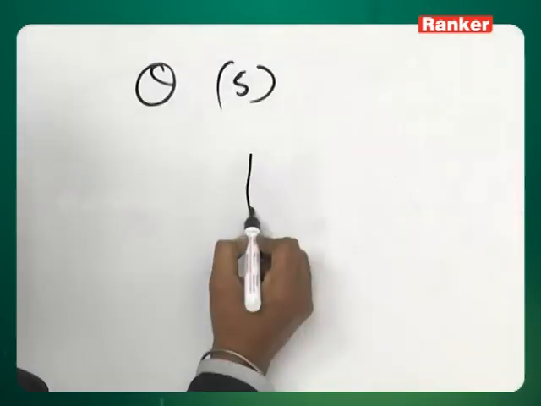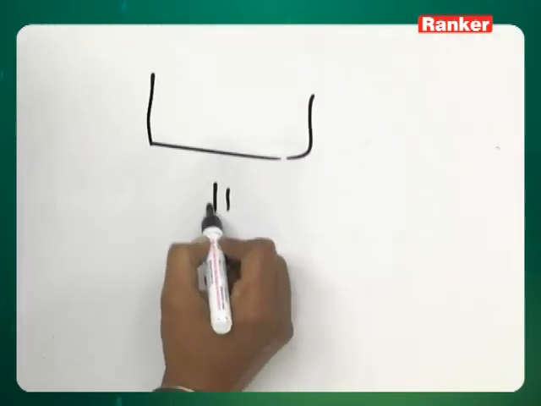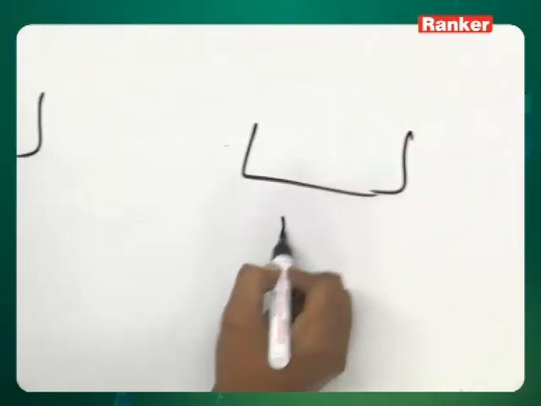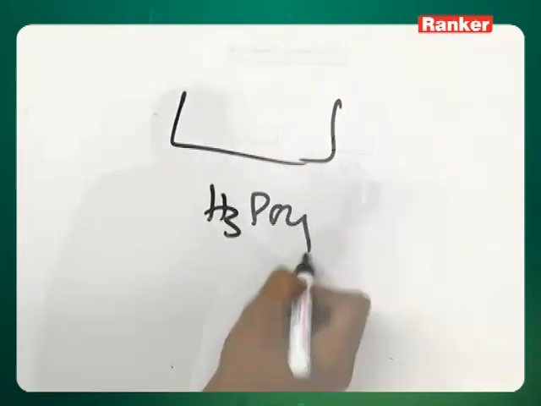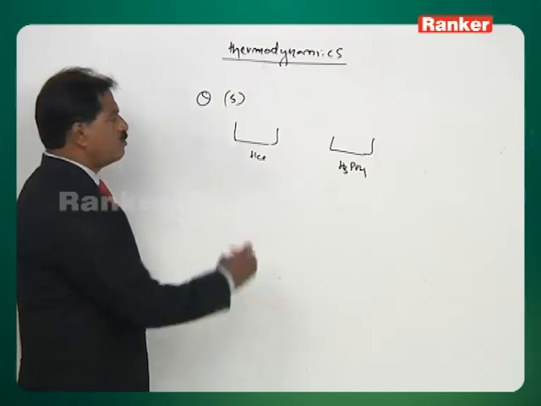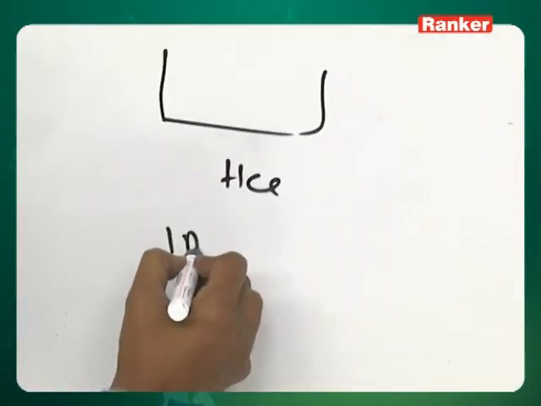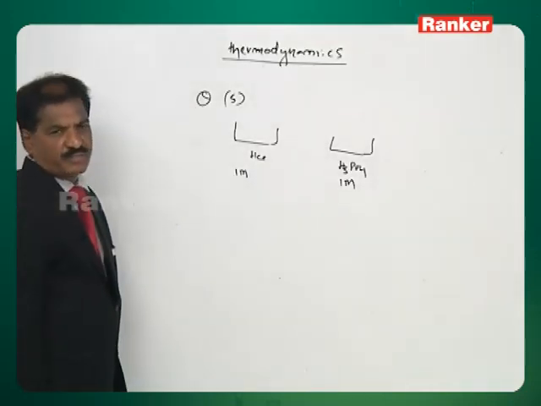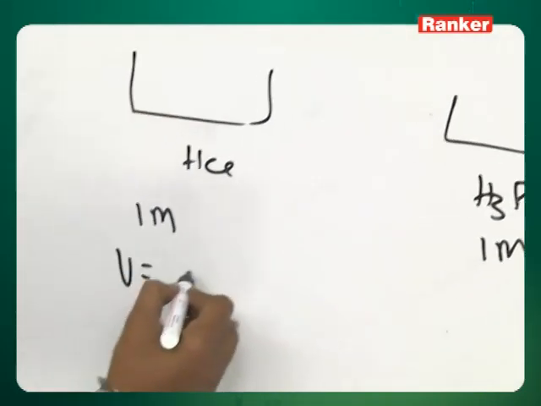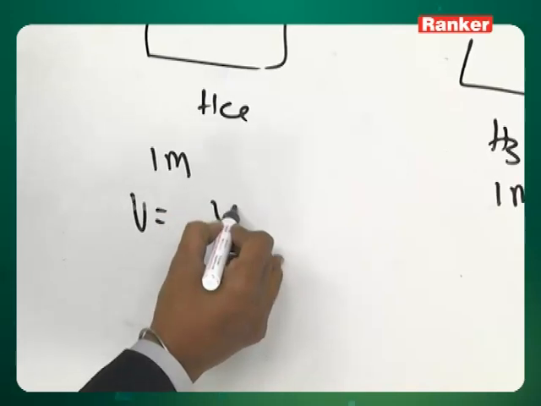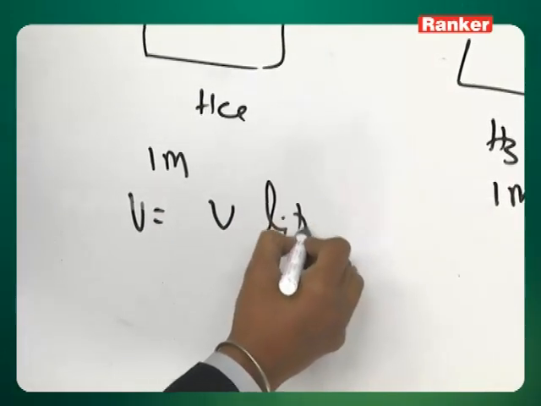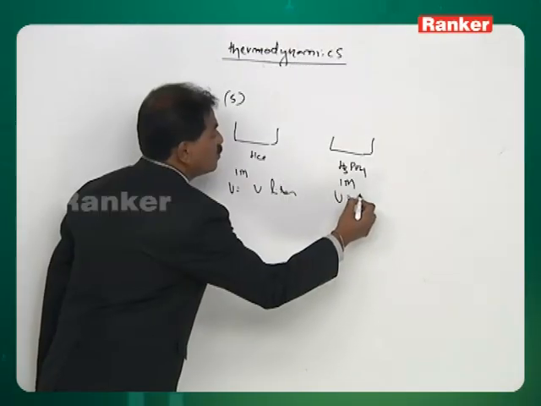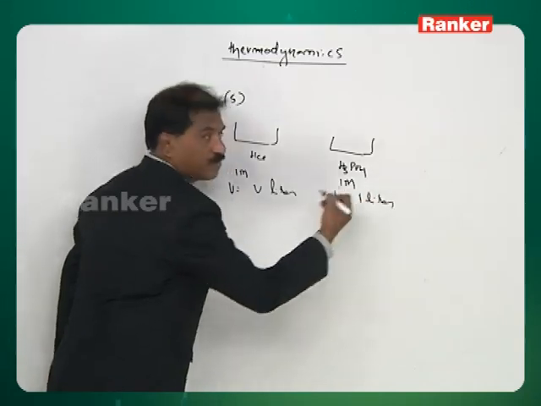So in two separate experiments, they are taking the HCl and H3PO4. The molarity of the HCl is 1 M, and the molarity of the H3PO4 is also 1 M. Let us say the equal volume is V liters.